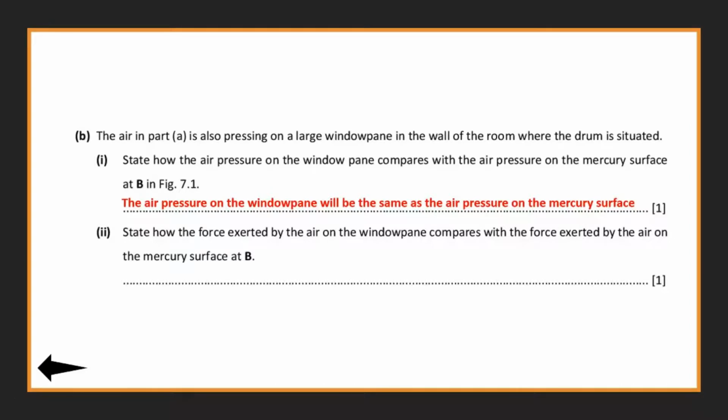Question 7BII. State how the force exerted by the air on the window pane compares with the force exerted by the air on the mercury surface at B. Once again, let's take a look at figure 7.1.